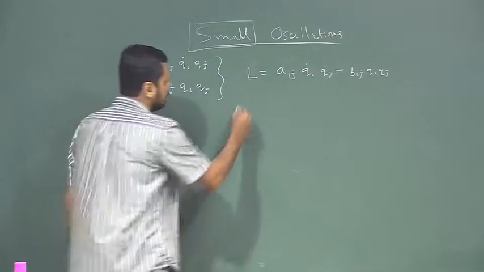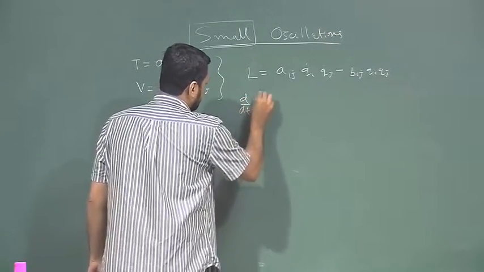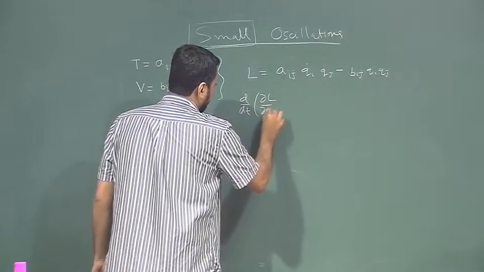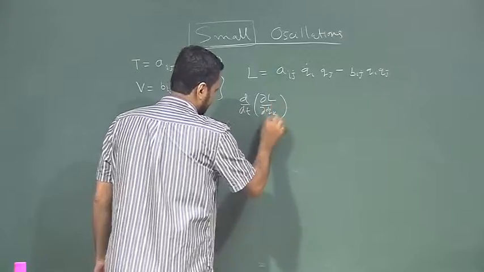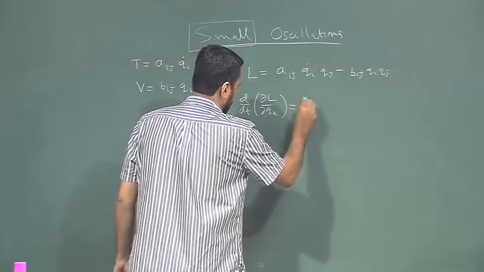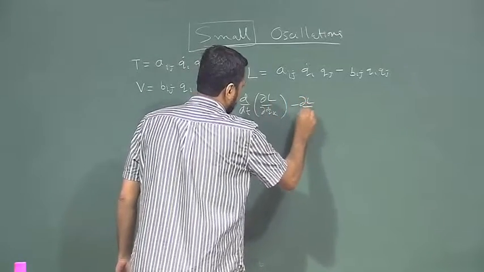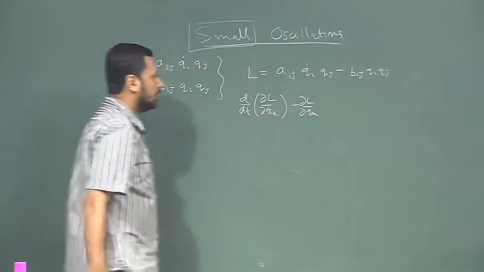We can do that. So, please remember the Euler-Lagrange form, once again for the coordinate q k: d by dt of del L del q k dot minus del L del q k. Very good.